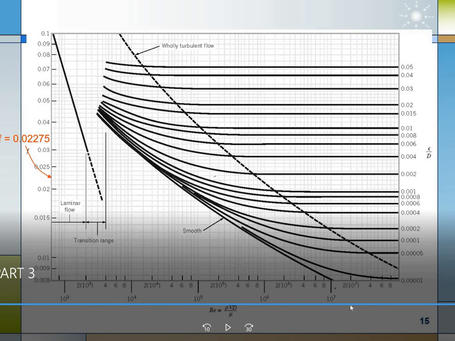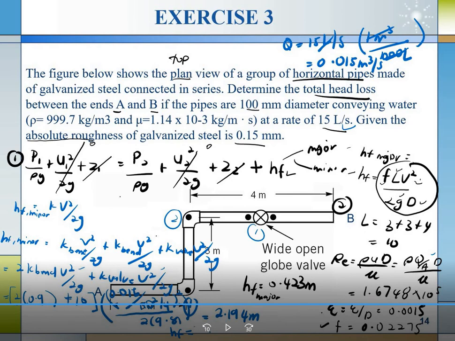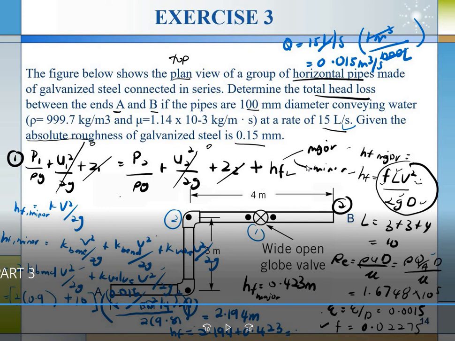Okay. Just now, we obtained the total of HF major and HF minor around 2.617, right?